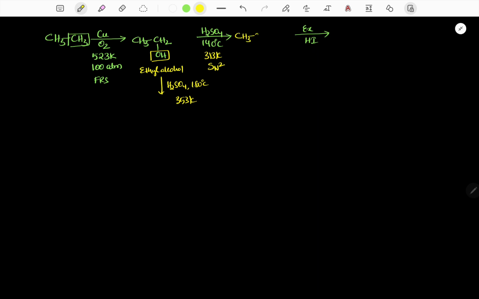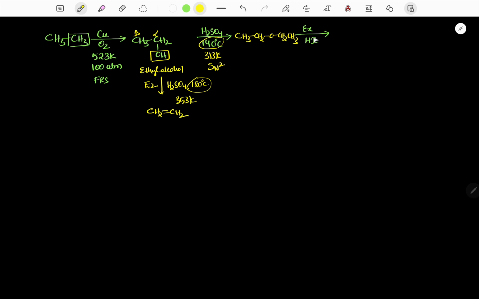Finally, we get the corresponding ether as the major product. At low temperature, substitution is major. But 180 degrees Celsius is high temperature for this reaction. It undergoes E2 dehydration, alpha, beta, and gives the corresponding alkene. So this reaction from NCERT: ethanol, low temperature substitution, high temperature elimination.